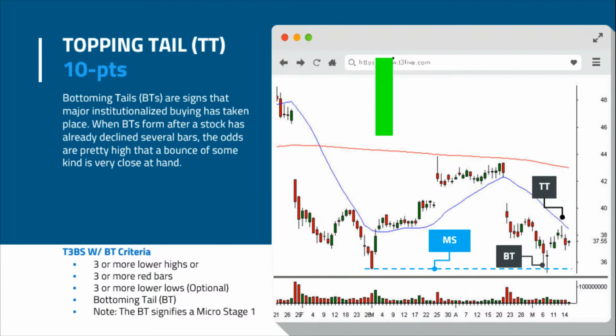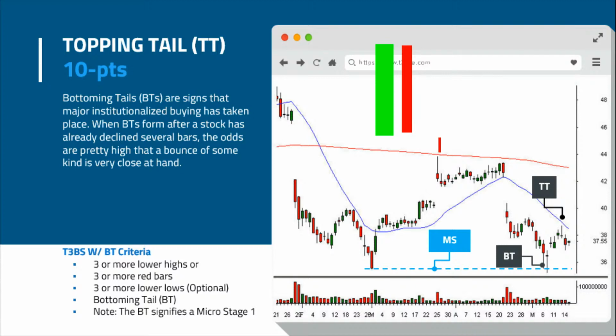But before that bar had finished forming, the seller showed up and forced prices lower to close at least below the 50% mark. Okay? At least below the 50% mark. If it closes right at the bottom like it did here, this tail right here, so much the better. So that's how tails form.